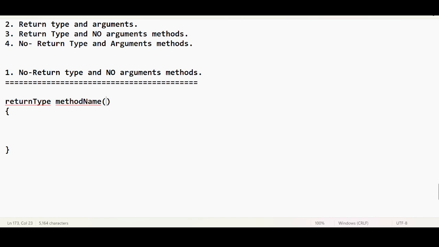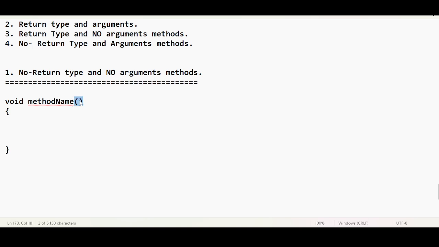When you keep this space empty and you're not passing any arguments, and the return type of the method is void, that means no arguments. These arguments can be anything, such as integer or float data types; we will see that in the next topics.